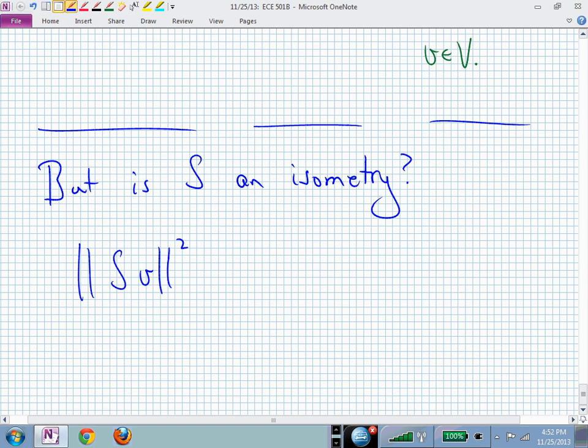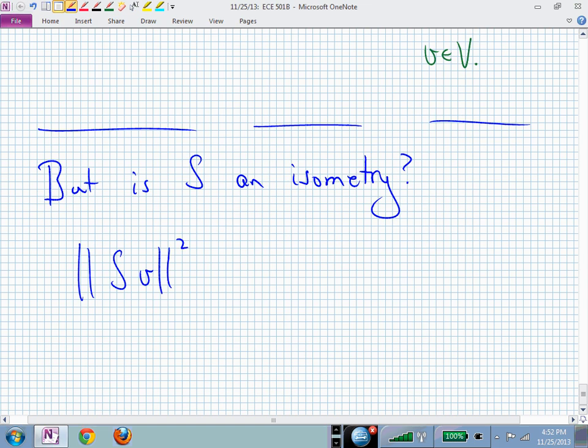So now what do we need to show that must equal? If it's an isometry, then that better be equal to the norm of V squared. So that's what we're hoping to show with all of these pieces that we've now tried to build up.